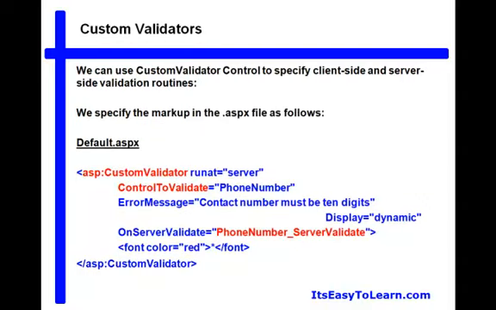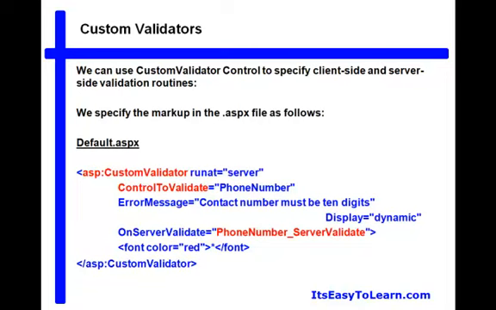We saw in the application that when we entered a contact number less than 5 digits, it told us that we need to have a contact number which is at least 10 digits long. So this is done using a custom validator. This is not a default validator provided by ASP.NET, but a validator which we can write.